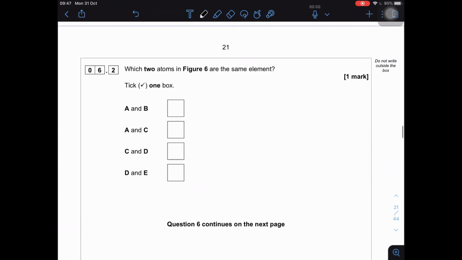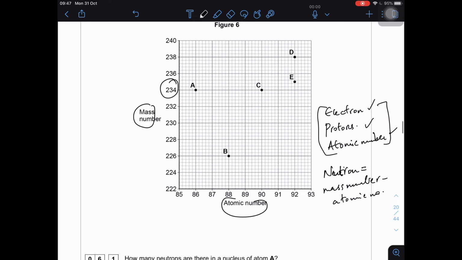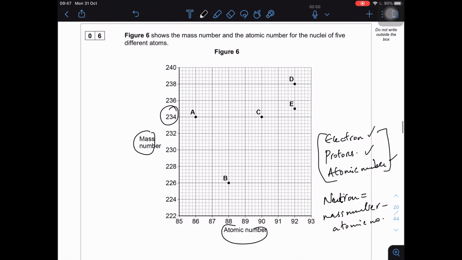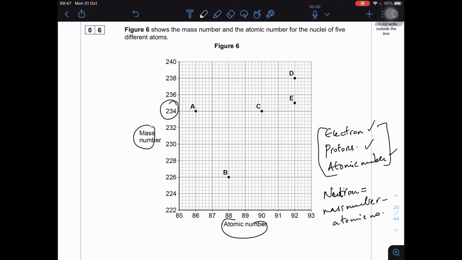Which two atoms in figure 6 are the same element? So in this graph, which two atoms are the same element? Here A and C, they both have the same mass number. And D and E, they both have the same atomic number.